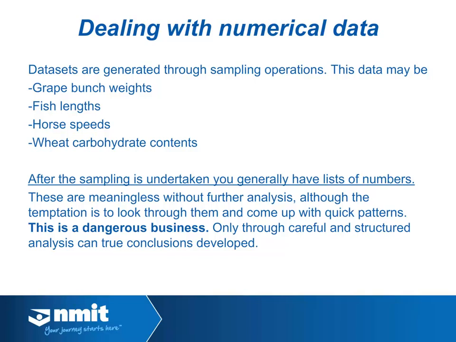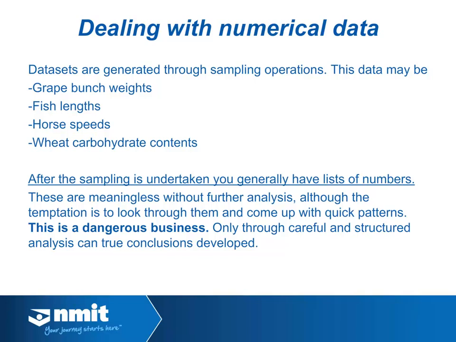And after this sampling is undertaken, and remember the sampling component is when we determine which individuals of a population we're going to measure, we generally have a large list of numbers, and these are really meaningless without further analysis. It's a very dangerous business to just look at a data set and derive a pattern with your own eyes and go, well, it's quite obvious this is the case.